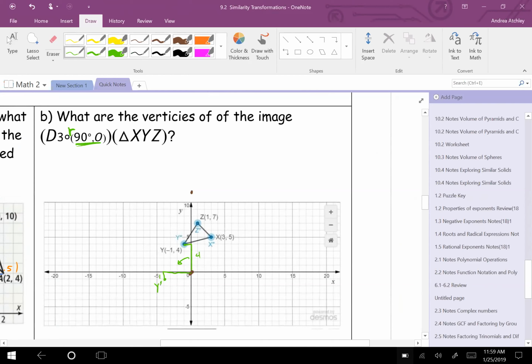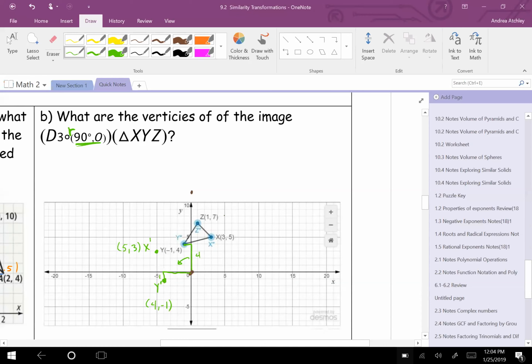And you guys do the rest of the rotation. Have you guys do that in your pairs and just check your work. Okay, so this should be x prime at 5, 3. This point would have been at 4, -1.